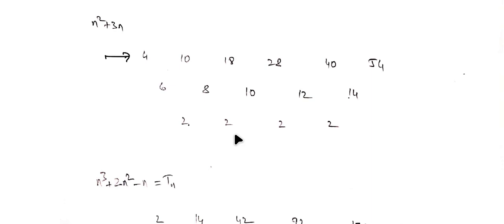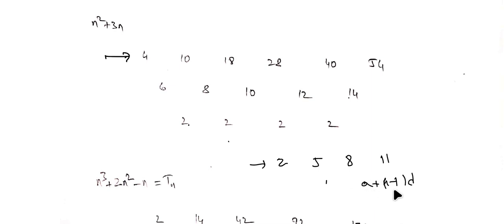For example, if the first row was a plain AP, for example 2, 5, 8, 11, whatever, then this tn or tn plus 1 is nothing but a plus n minus 1 into d.